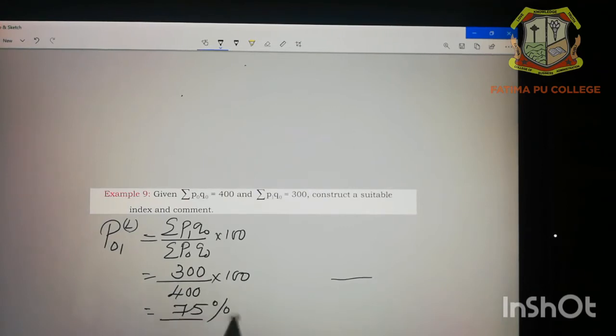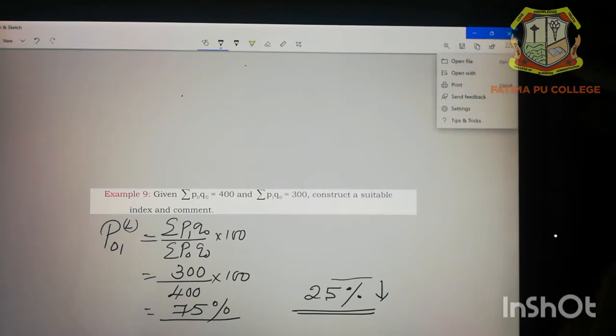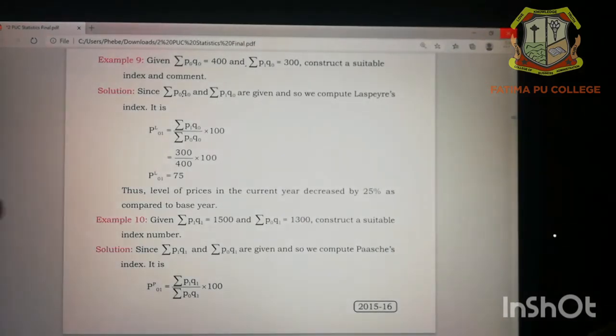Now 75% is lesser than 100. How much is it less than 100? It is 25% less than 100. So a 25% decrease over the base year prices is what we can conclude. This is how this simple 2 marks problem can be done. Is that clear?